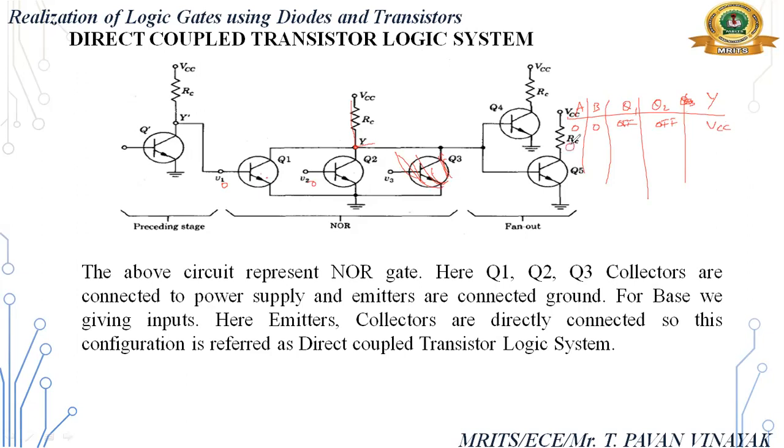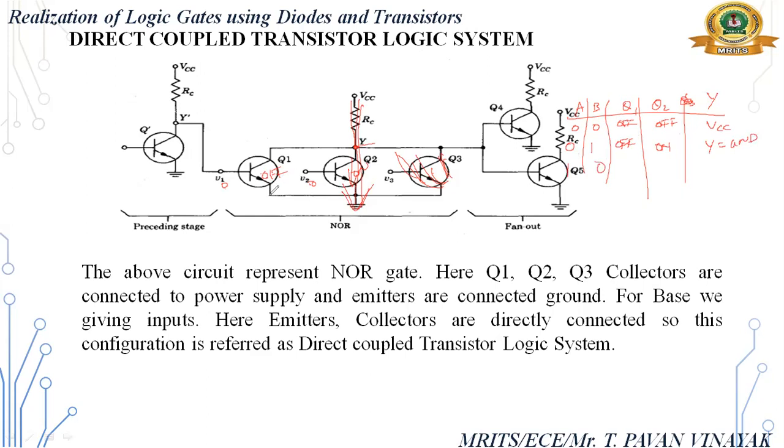Next, 0 1: this will be off, this will be on. So VCC will go to ground, so output is ground.